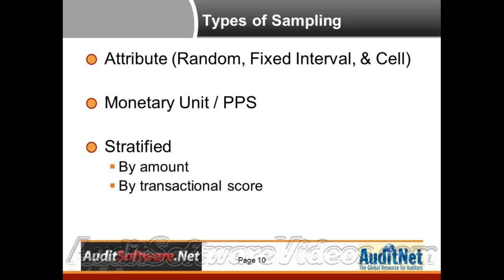And then from a fixed interval point of view, it will go through and start, let's say, at 0 and go every 100 and pick 10 items based on the 1,000 divided by 100. And the last one is more of a cell where it's going to pick that interval.